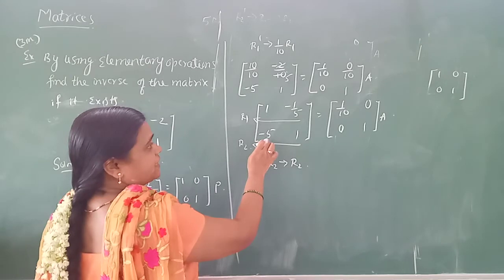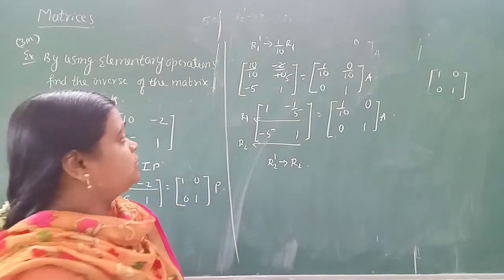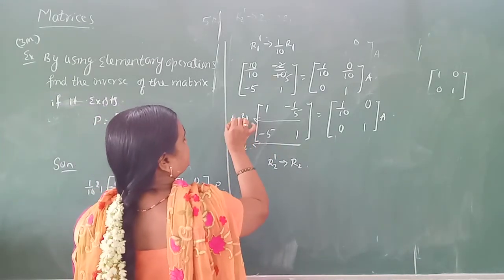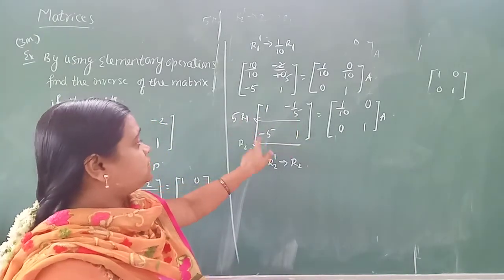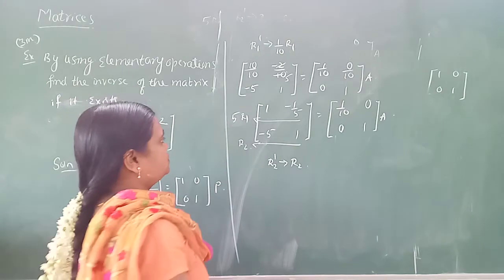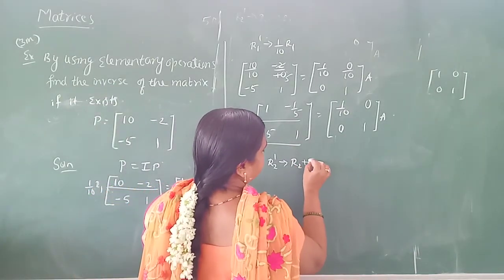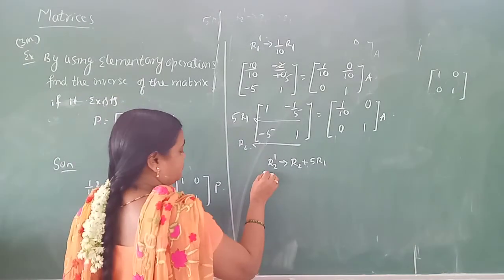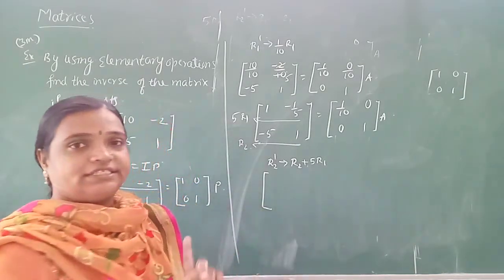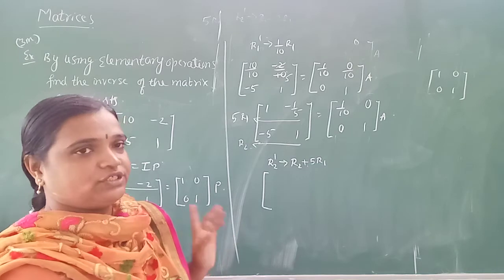This minus 5, convert in terms of 0, means we are multiplying with plus 5 in the first row. 5 minus 5, what will it be? 0. Therefore R2 dash equals R2 plus 5 R1. Only we are doing the changes in the second row. There is no change in the first row.